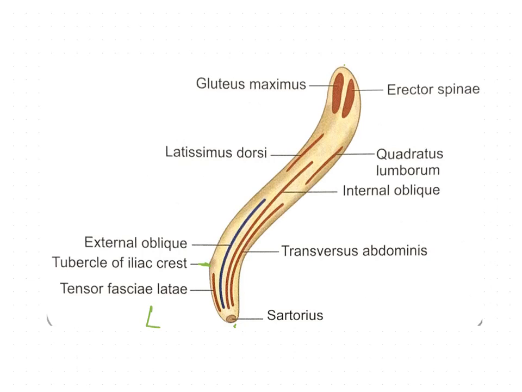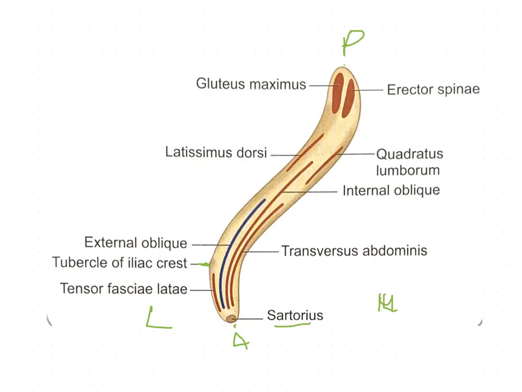That means this part is the lateral, this is the medial, that means the inner surface. Okay, and this is the anterior and posterior surface. Now we will see the attachments from lateral to medial side. So at the tip of the anterior superior iliac spine, it gives attachment to the sartorius.